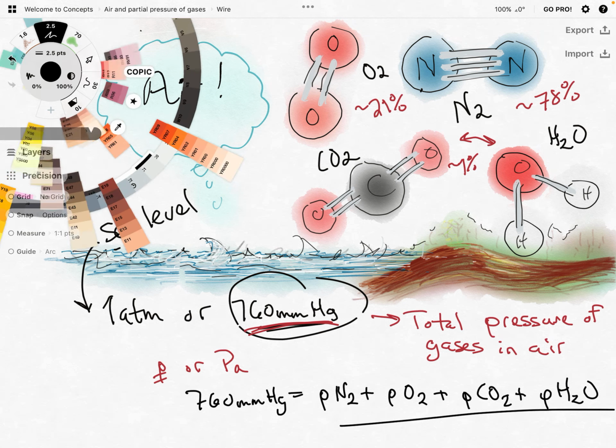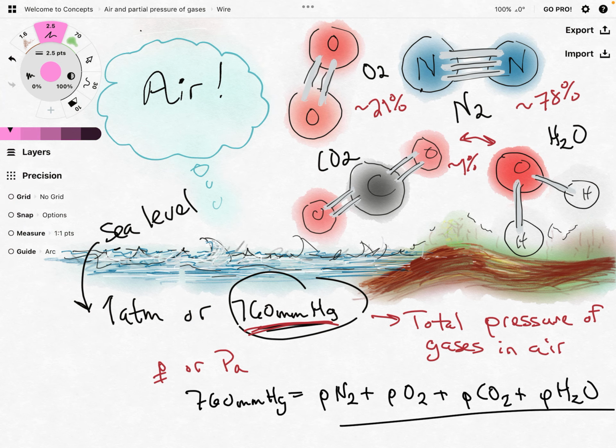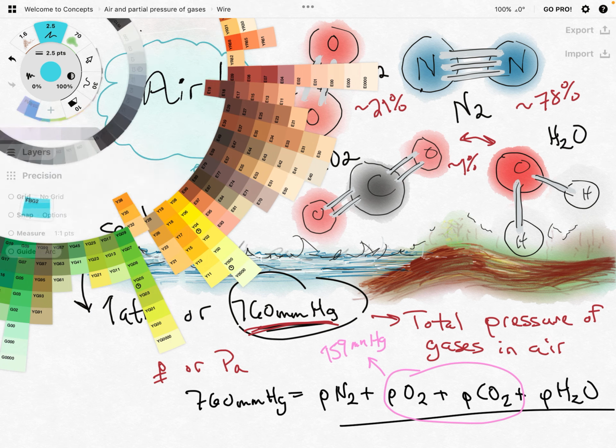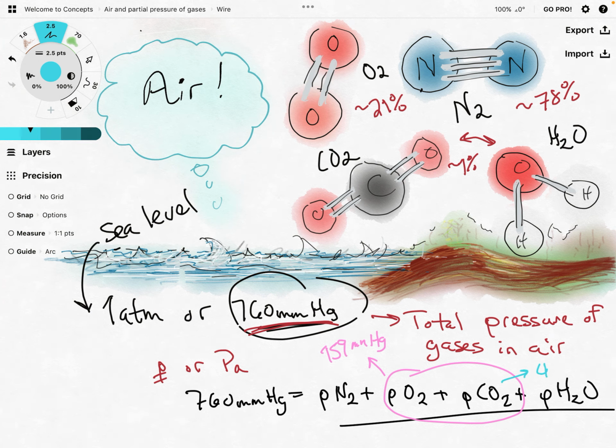We're only going to focus particularly on oxygen and carbon dioxide. For oxygen, you would get about 159 millimeters of mercury, and for carbon dioxide, somewhere around 40 millimeters of mercury. Of course, you add the other numbers with diatomic nitrogen, water, and some of the other trace gases, and we get 760 millimeters of mercury at or close to sea level.